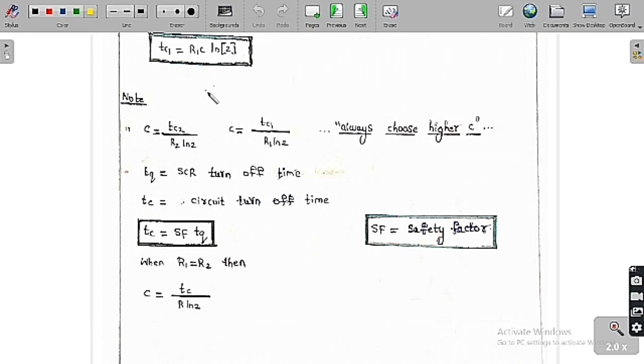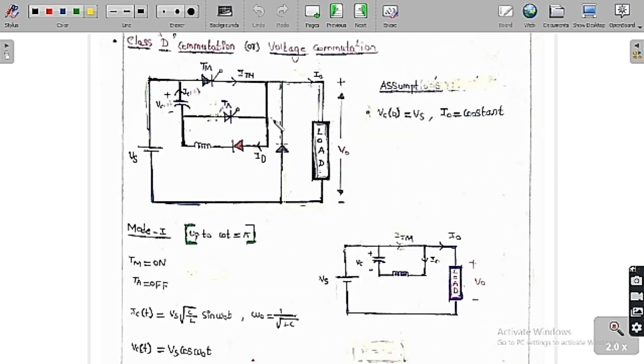This is called complementary or impulse commutation, because one thyristor turns off the other thyristor. Simply we can say it is class C commutation.